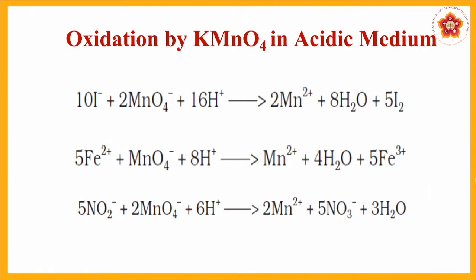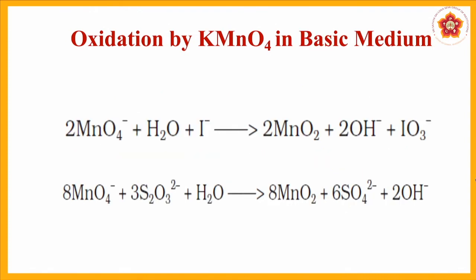So if this was in the acidic medium, let us now see the oxidation by KMnO4 in alkaline or basic medium. Let me remind you from our redox reaction chapter that whether it is in acid medium or basic medium, oxidizing property does work there, with a difference that in the basic medium, whenever we balance the reactions, our balancing happens on the left hand side with water and right hand side with the OH minus, which is the hydroxide ion.